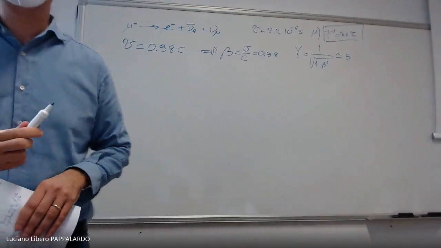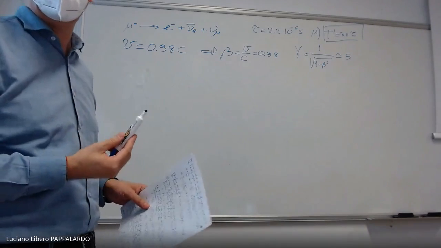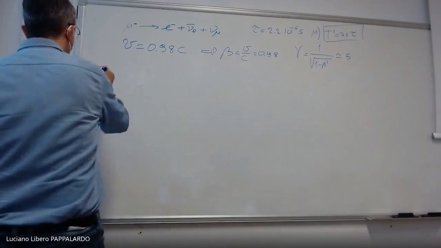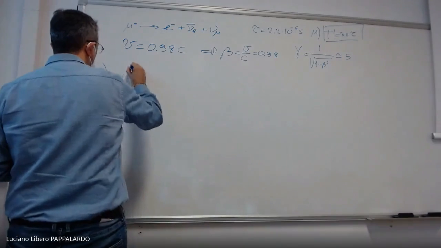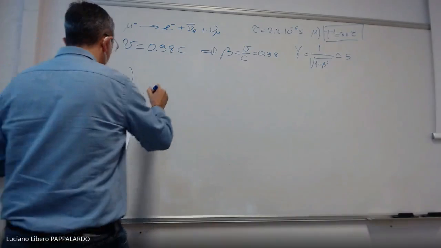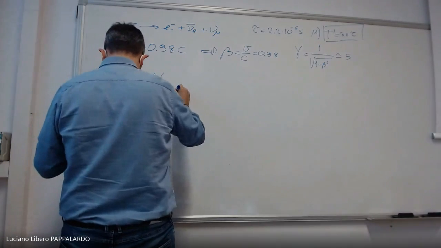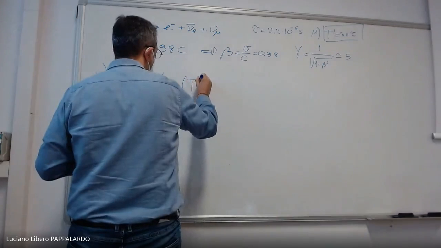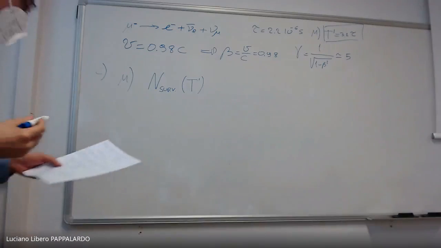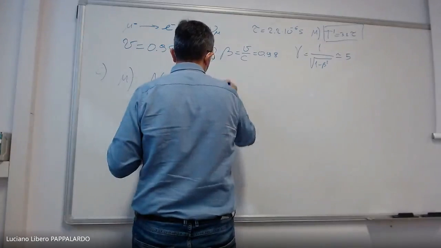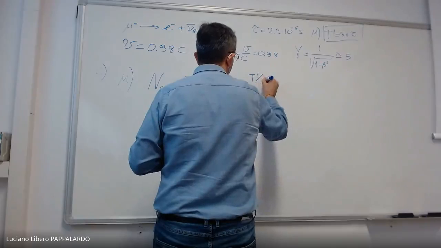Here you have to remember, of course, the decay law of unstable particles, which is the usual exponential decay law. So let's now answer question C. From the muon reference frame, the number of survived muons after a time t prime, so once reached the Earth surface, is given by the total number of produced muons times e to the minus t prime over tau.